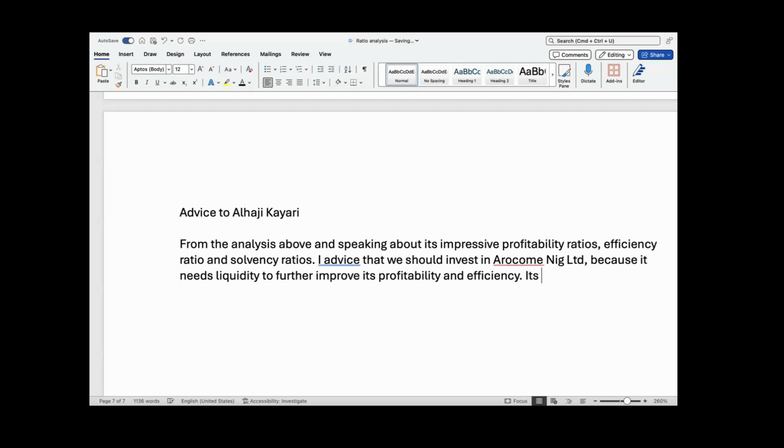And its interest cover ratio suggests that it will not default. Okay.